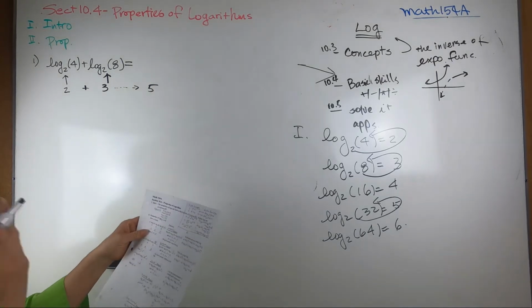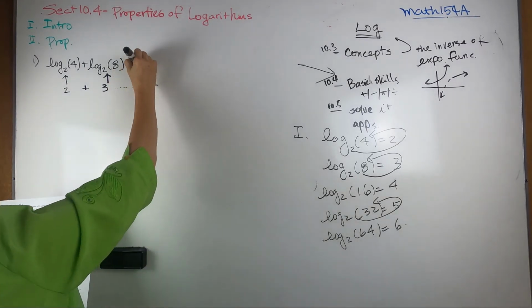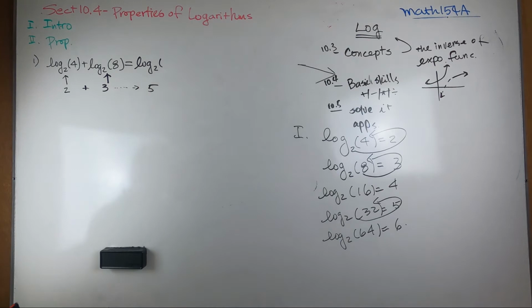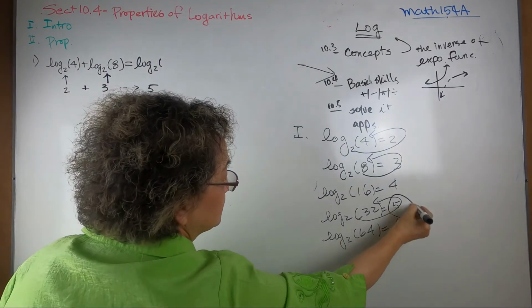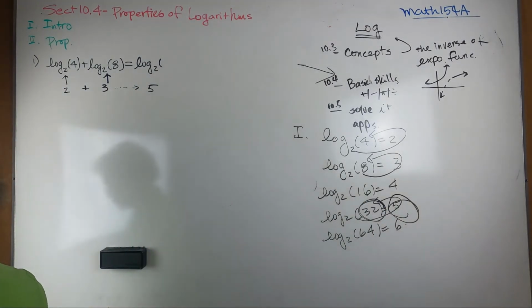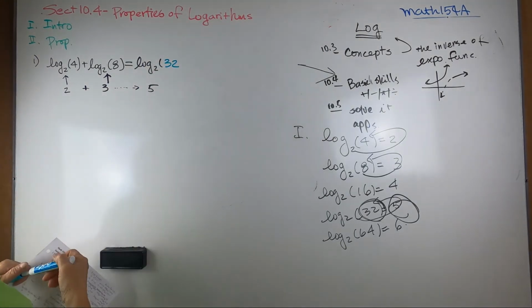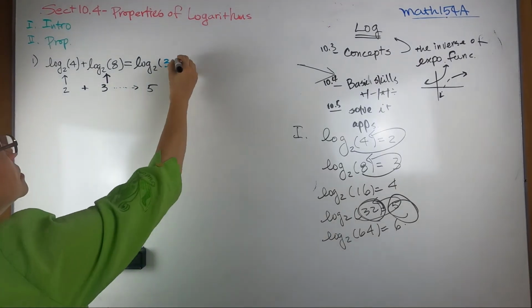I'm just looking at the situation. We have the same base, so it's log 2. If the result is 5, what do you think the inside will be? The inside will be 32, because 2 to the 5th power is 32.